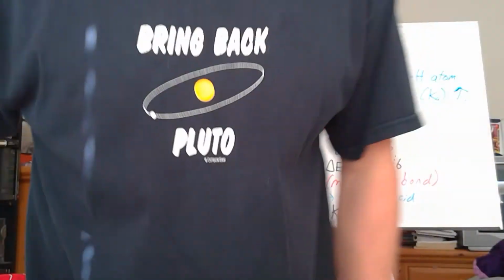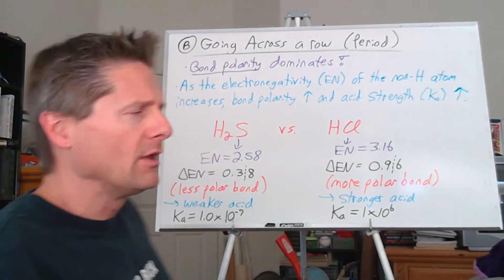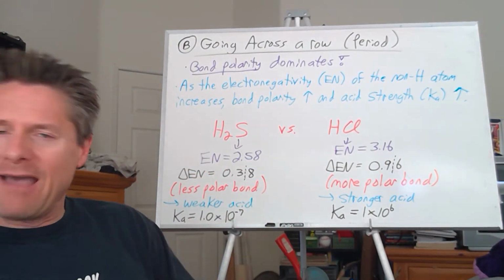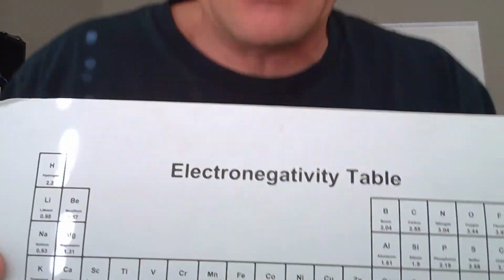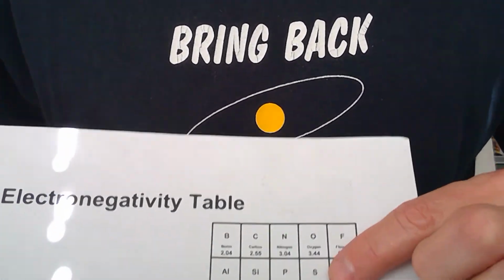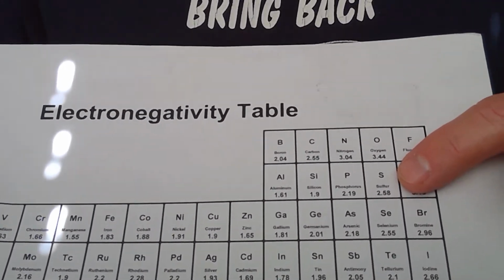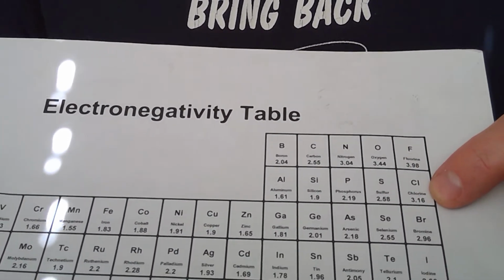Just looking at those two to focus, we could go all the way across the row if we wanted to. If you have your electronegativity table, you can just look up these values. You can see sulfur is a 2.58 there. You can see the chlorine is a 3.16.